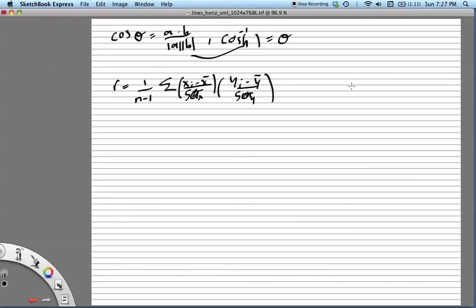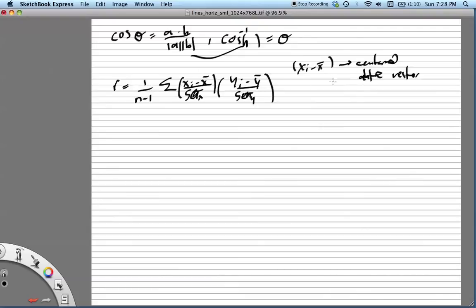So xi minus x bar is a centered data vector, which is good because now each point, instead of representing some arbitrary value, tells you how the value of that data point relates to the mean of the data that you've sampled.